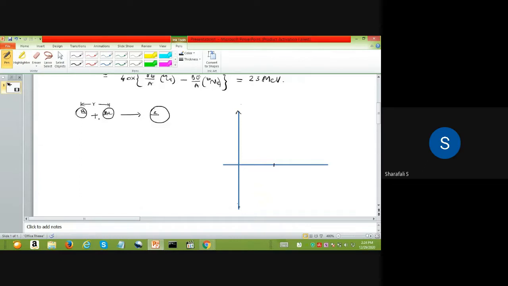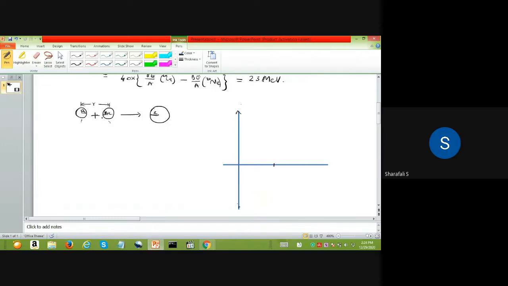I'm considering they have some differences in their size. So these two nuclei with radii R1 and R2 are combining together to form another nucleus having radius capital R.